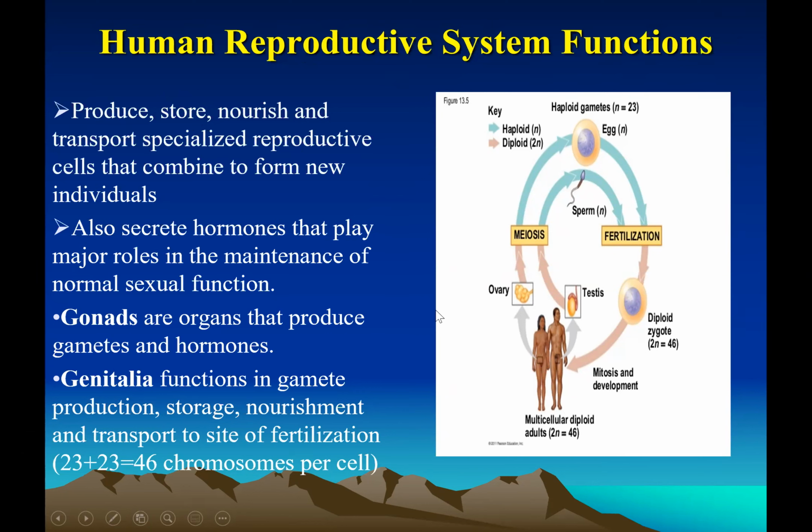So all the sex hormones for secondary male and female traits are also made by the sex organs. Two terms just to remind you: gonads are the organs, like the testes in men and ovaries in women, that produce the special cells. The external anatomical structures for male and female are called genitalia.